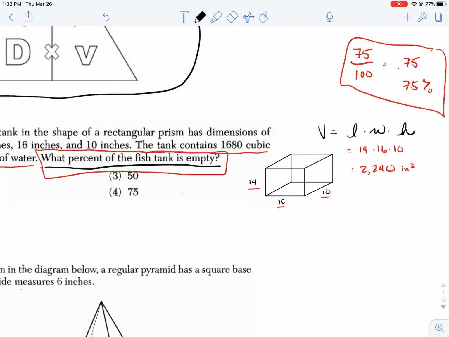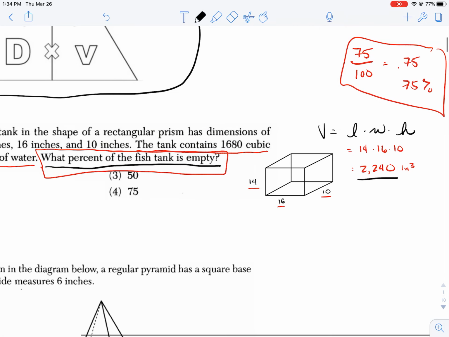Okay, just a brief introduction there. So regardless, all right, going back to this problem, this is our total amount of volume, which is 2,240 cubic inches. And right now they told us the tank has 1,680 cubic inches. So by putting this over the total amount, that will give us the percentage of how much water is in the tank.